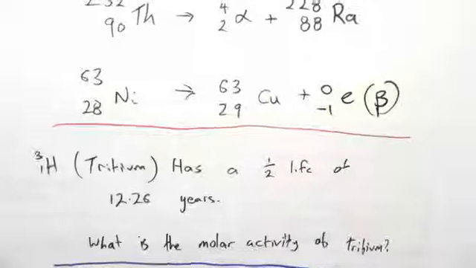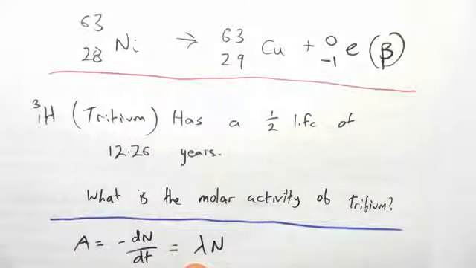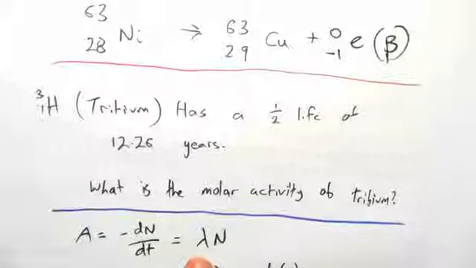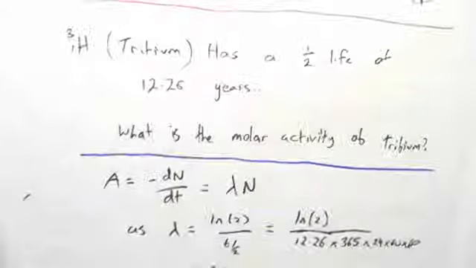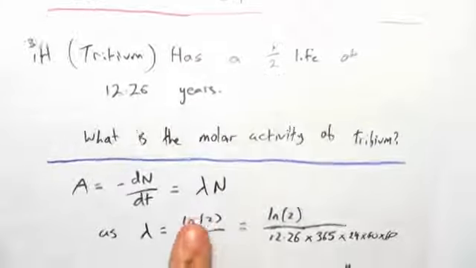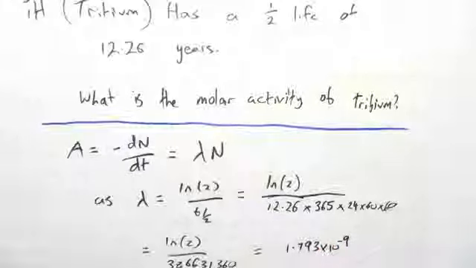So the activity is equal to negative dN/dt, which is the decay constant times the amount of stuff that you have. You have 1 mole, that's 6.022 times 10 to the 23 particles, and the decay constant is equal to the natural logarithm of 2 on the half-life, and you need the half-life in seconds if you want the molar activity in becquerels, which is decays per second per mole.